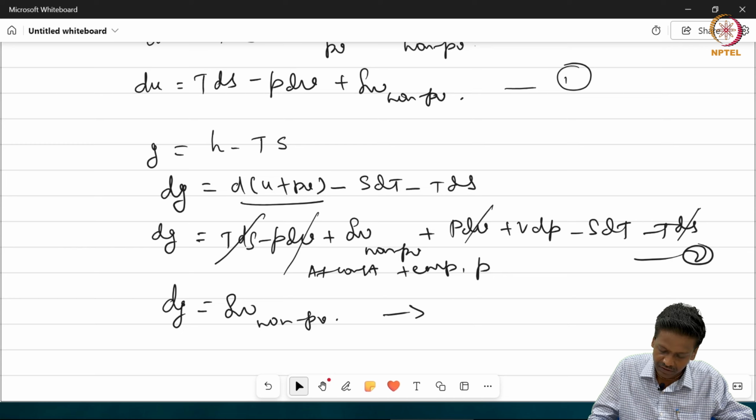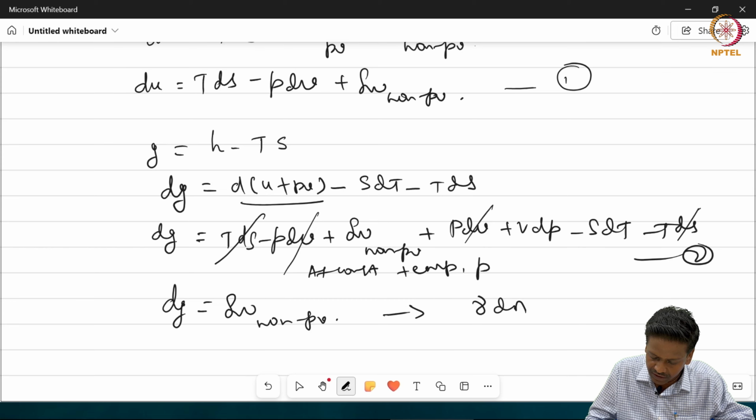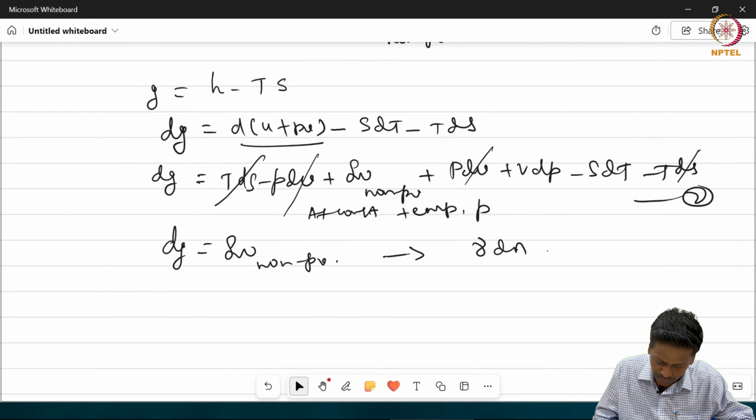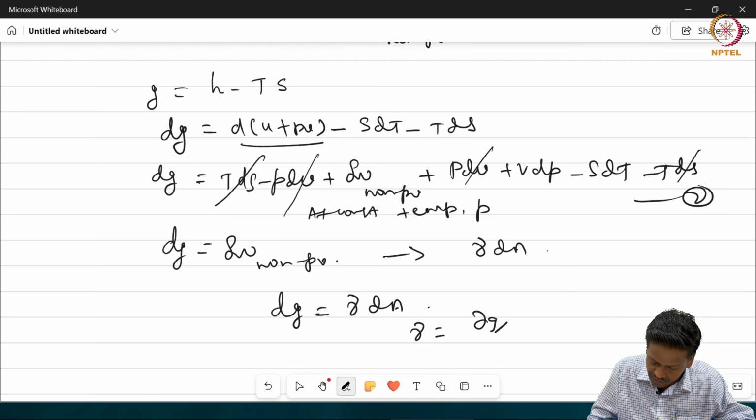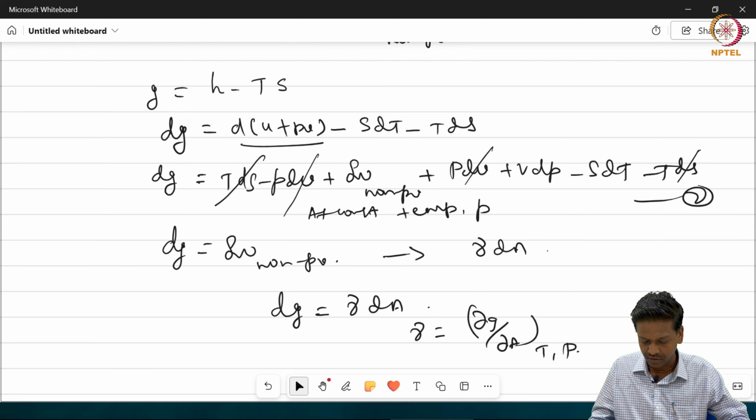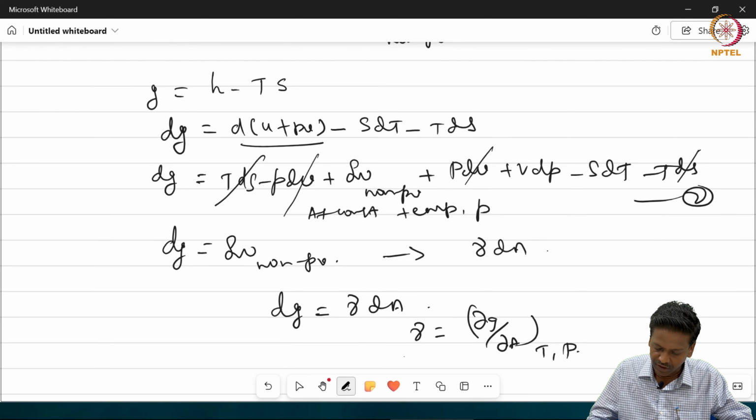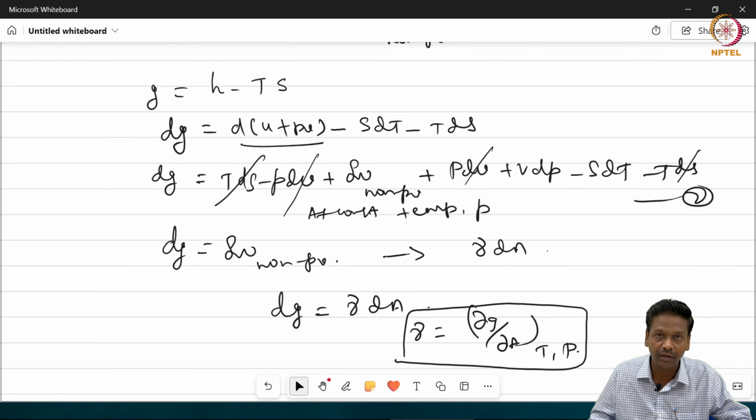Remember, surface tension is work done associated with non-PV. We also know δW non-PV is nothing but gamma dA. So dG is nothing but gamma dA, or gamma is nothing but ∂G/∂A at constant temperature and pressure. All right, so we know the relation both ways.